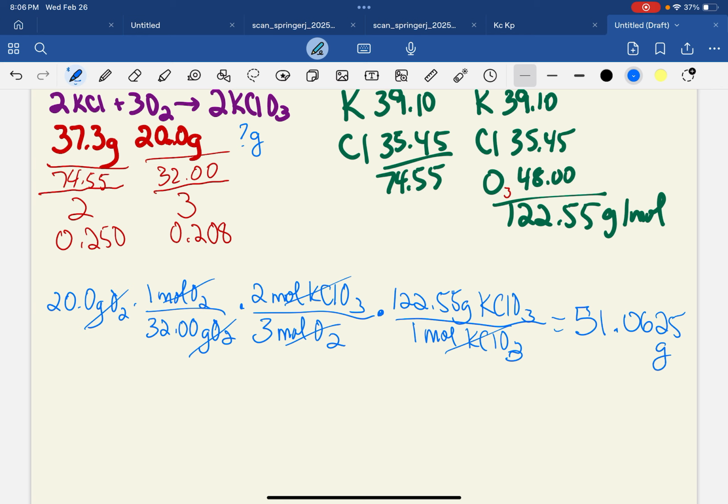I started with 3 digits. I should end with 3 digits. So that would be 51.1 grams KClO3.